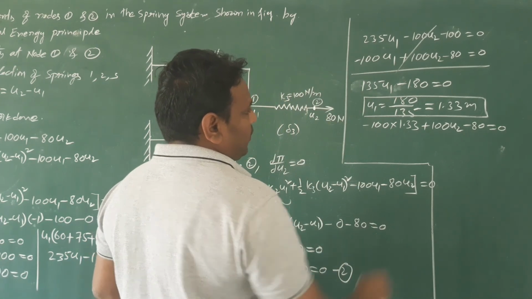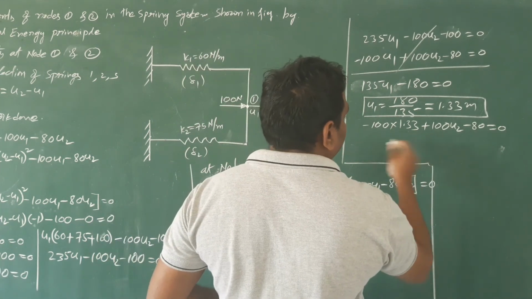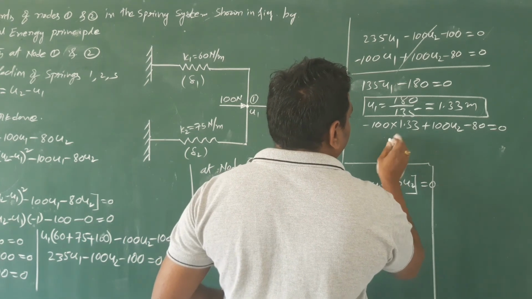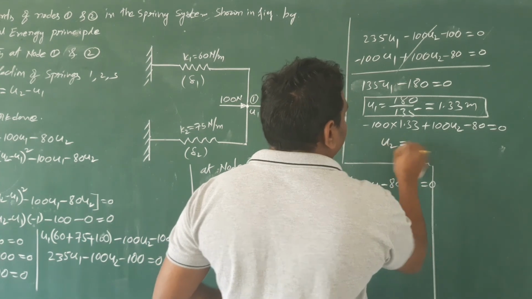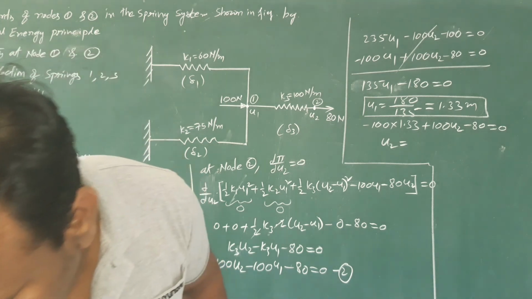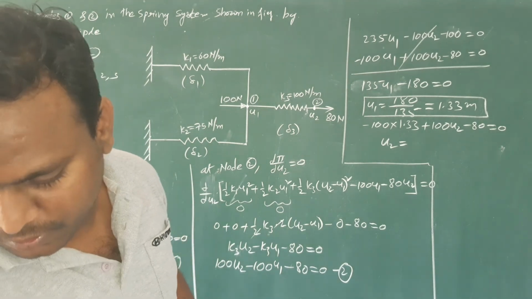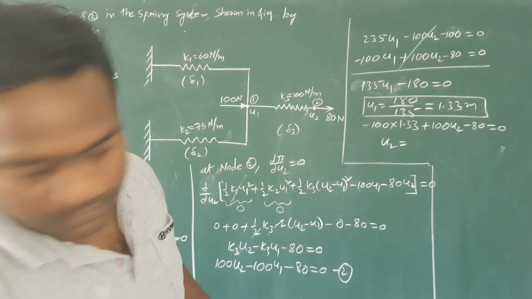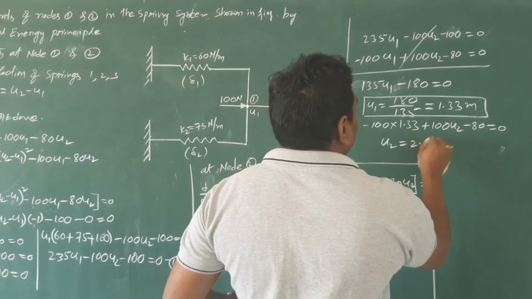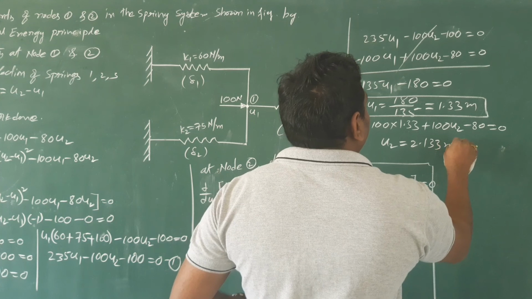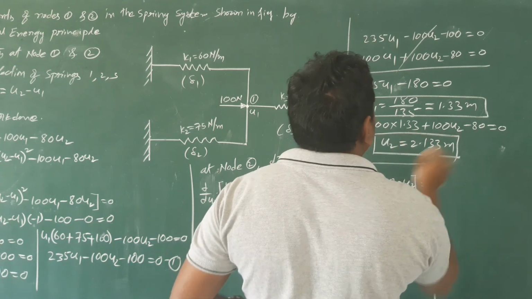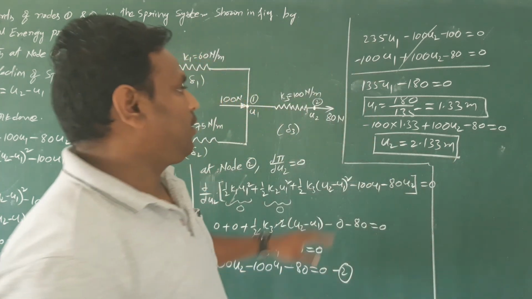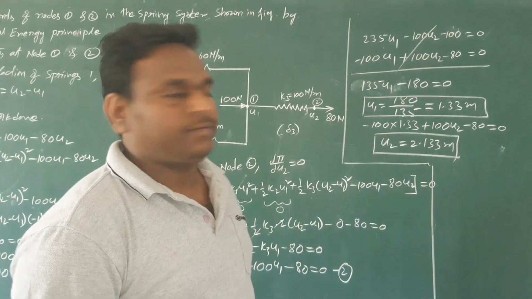After solving this equation, the u2 value becomes 2.133 meters. So finally we got the u1 and u2 values.